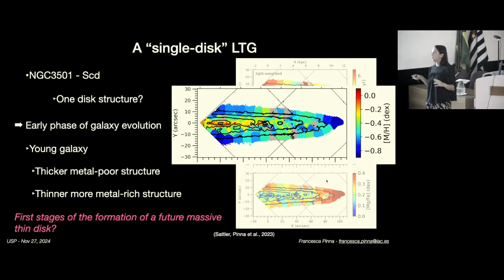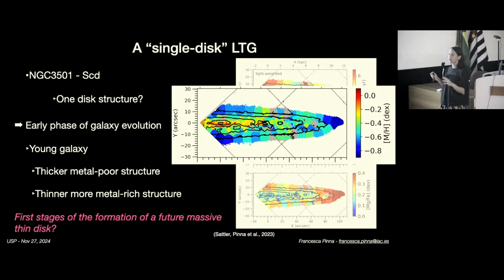So in the early stages of its evolution, which fits very well in galaxy evolution models, where very late type galaxies evolve in a slower way. And when we look at the metallicity, however, we see that there is a thicker metal poor structure.